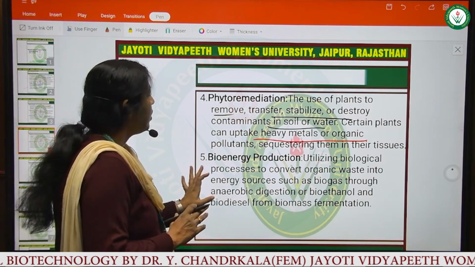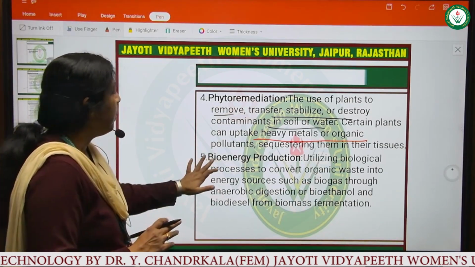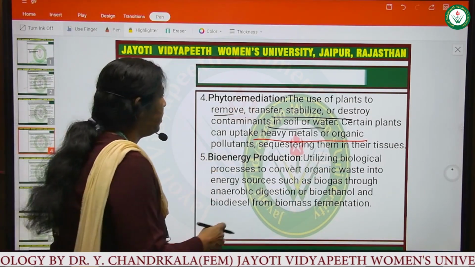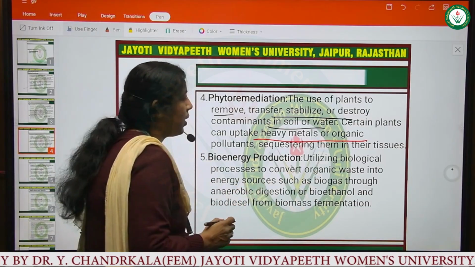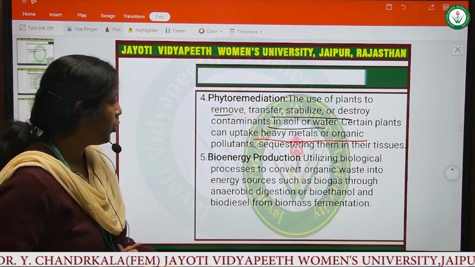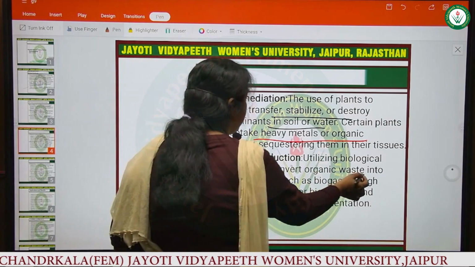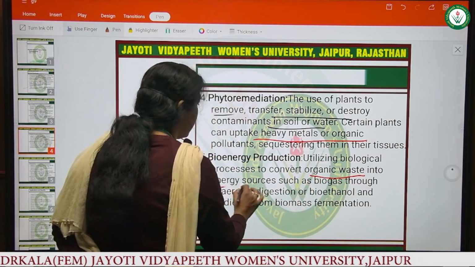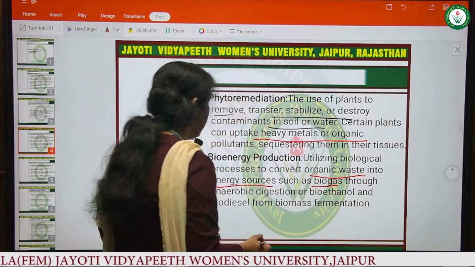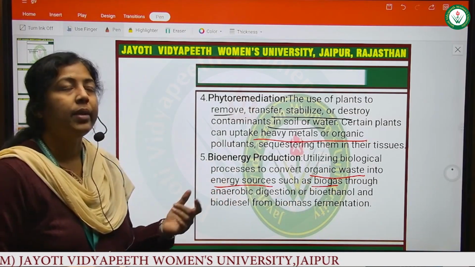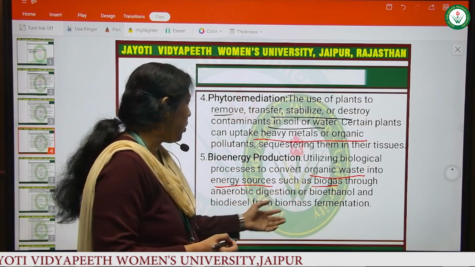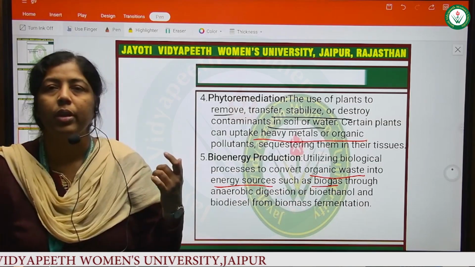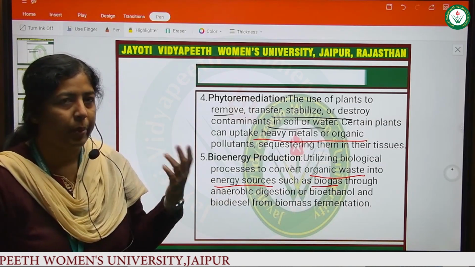Using certain plants, bioenergy production utilizes different processes to convert organic waste into an energy source such as biogas, through anaerobic digestion, bioethanol production, biodiesel production or biomass fermentation.